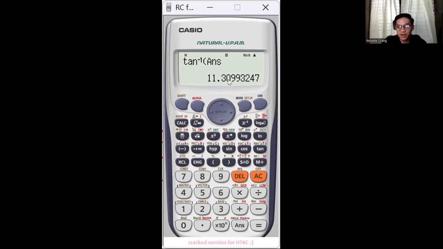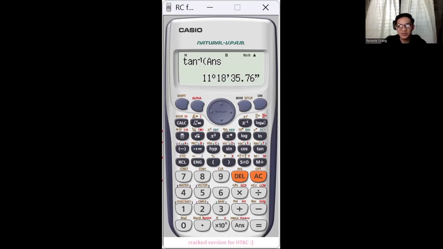or 11.31 degrees. But if the choices have no decimal point, and are in degrees, minutes, seconds form, we just press this. So, it became 11 degrees, 18 minutes, and 35.76 seconds.